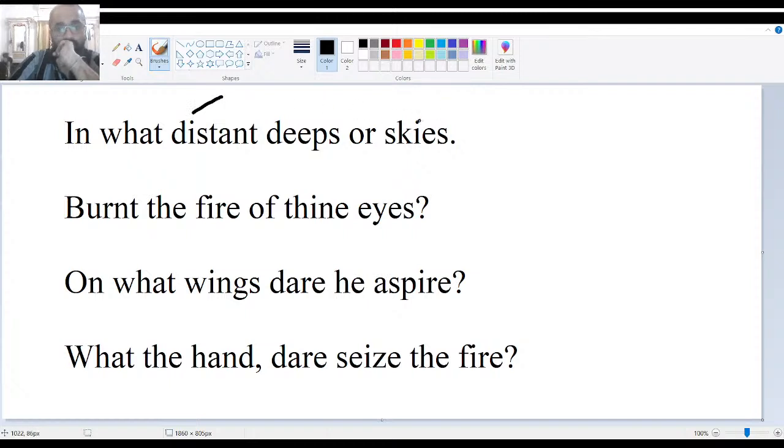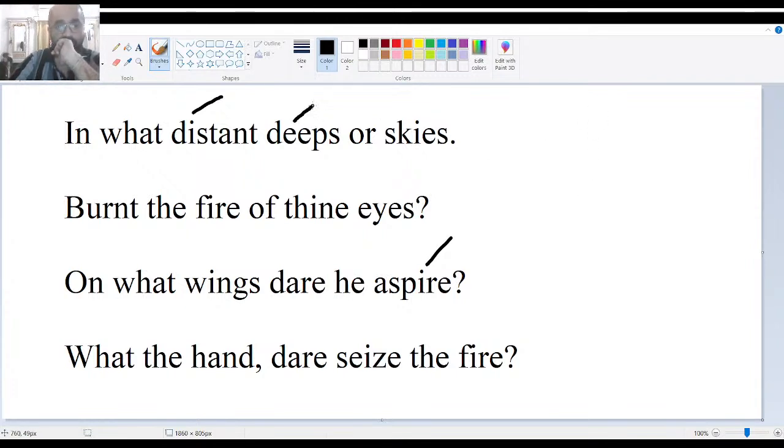Distant, aspire, these are the only two multisyllabic words in this stanza.